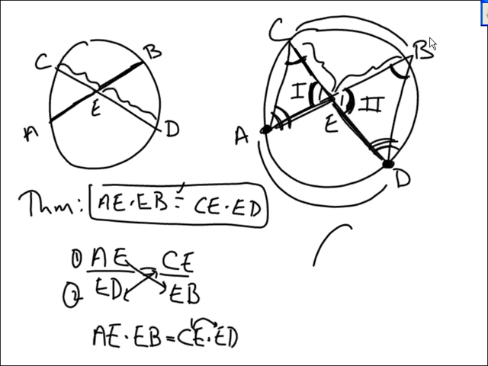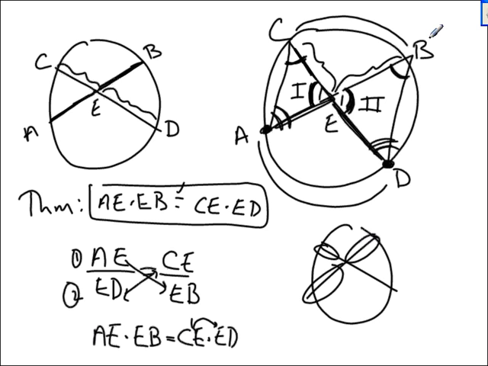Again, if you have two chords that cut one another, one chord is made up of those two pieces. If you multiply those two lengths, and this chord is made up of those two pieces, and if you multiply those two lengths, those products will be the same. That's what this theorem is saying.